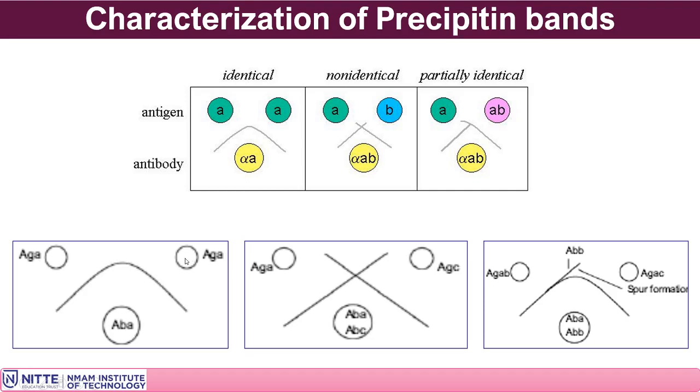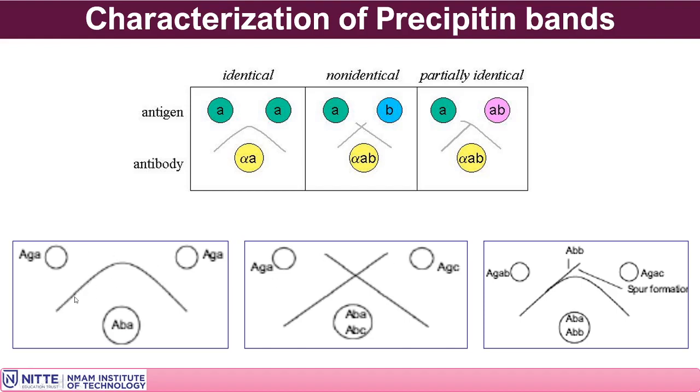Epitopes or the antigenic determinants are almost the same, corresponding to the antibody that is loaded in the central well. Because of that, the diffusion and if the concentration of these two antigens are also the same, not only the epitopes, their concentration is also the same, they will produce the precipitin band right in the middle between the two wells.